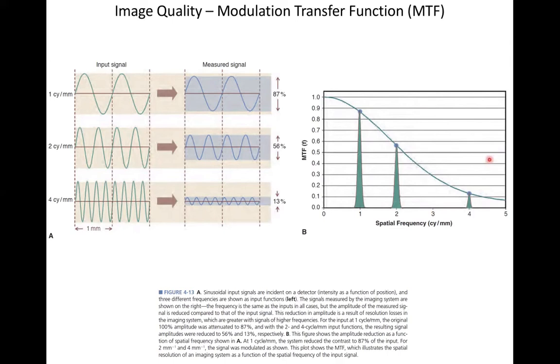Now, is there a single number you can quote to say, okay, I have essentially characterized the system? Well, one possible number would be the 50% mark of this function. If you knew its functional form, you could ask, what's the half height of the MTF?